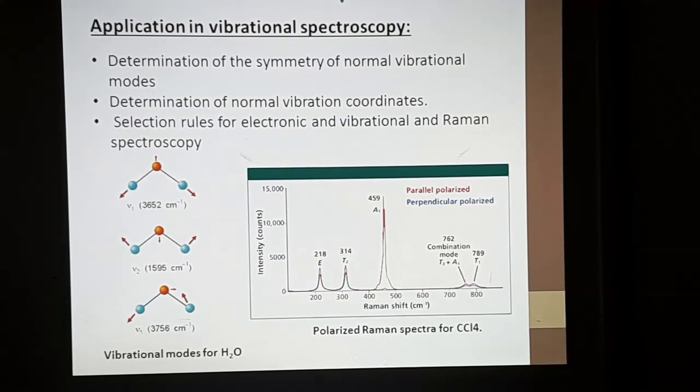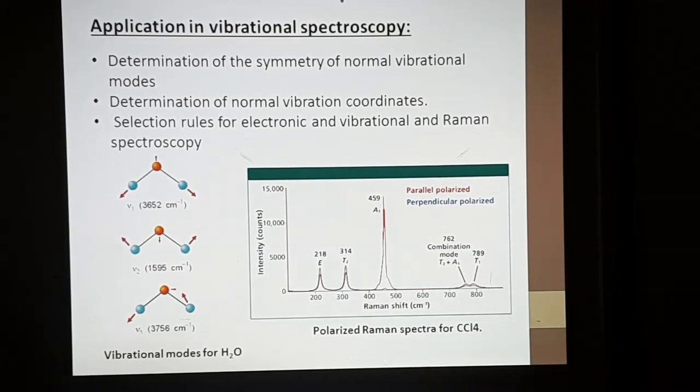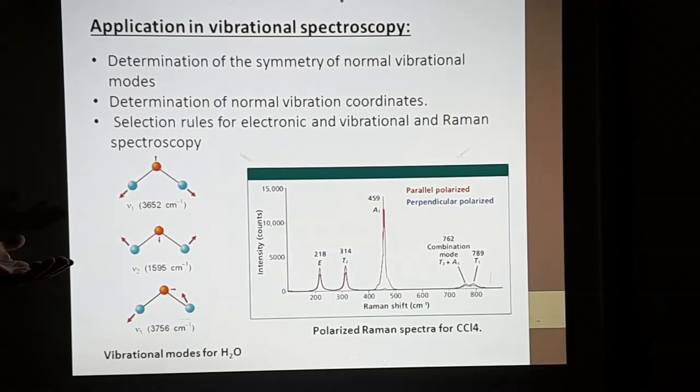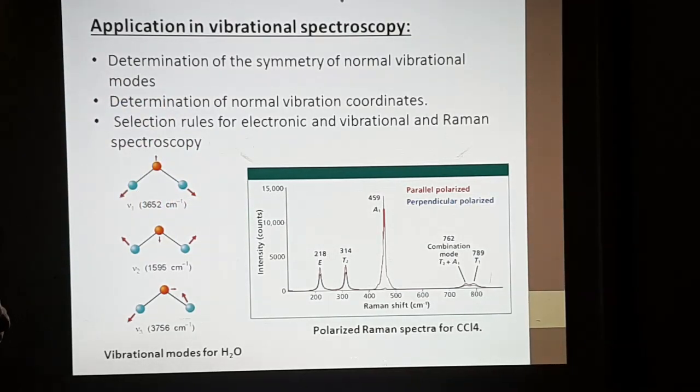In addition, group theory gives not only the information about the selection rule, meaning whether the transition from this state to this state is allowed or not, but also permits us to predict the polarization of the Raman spectrum.